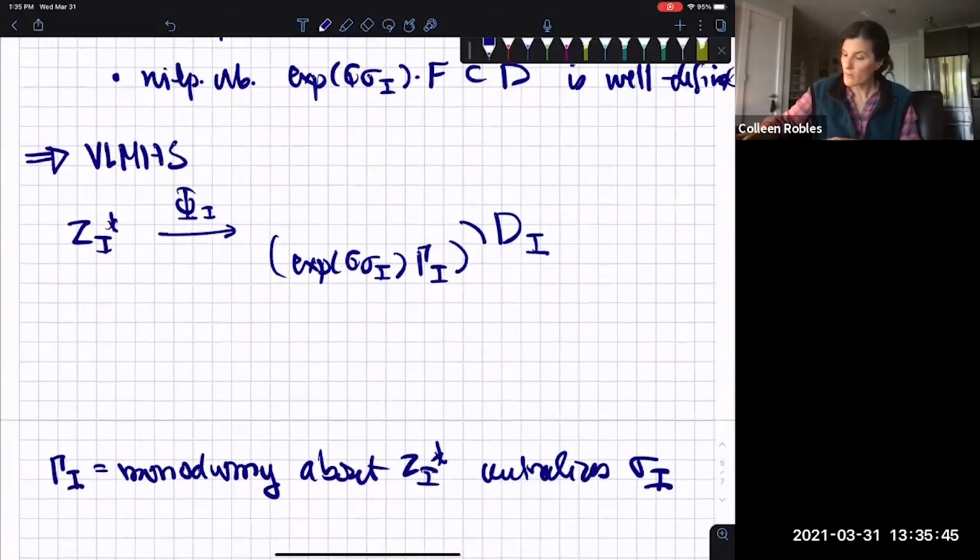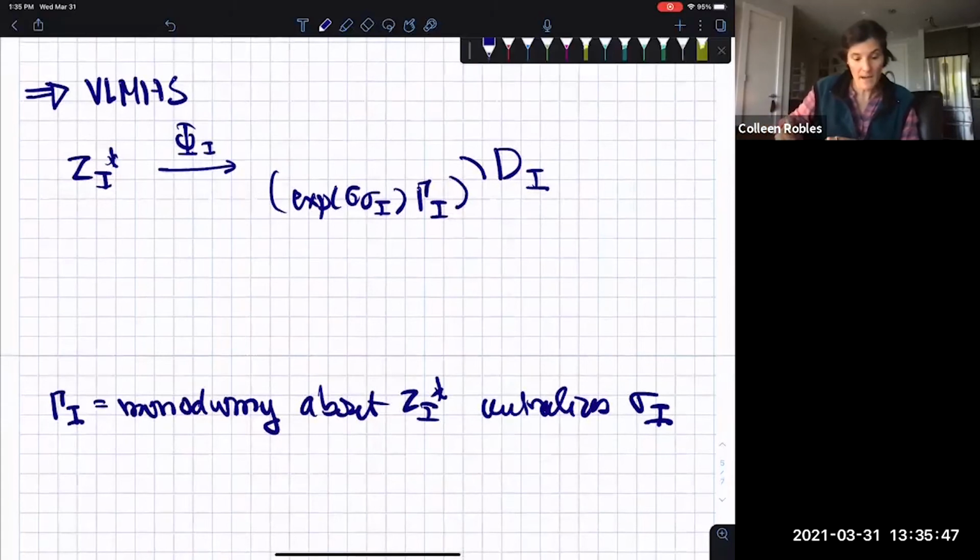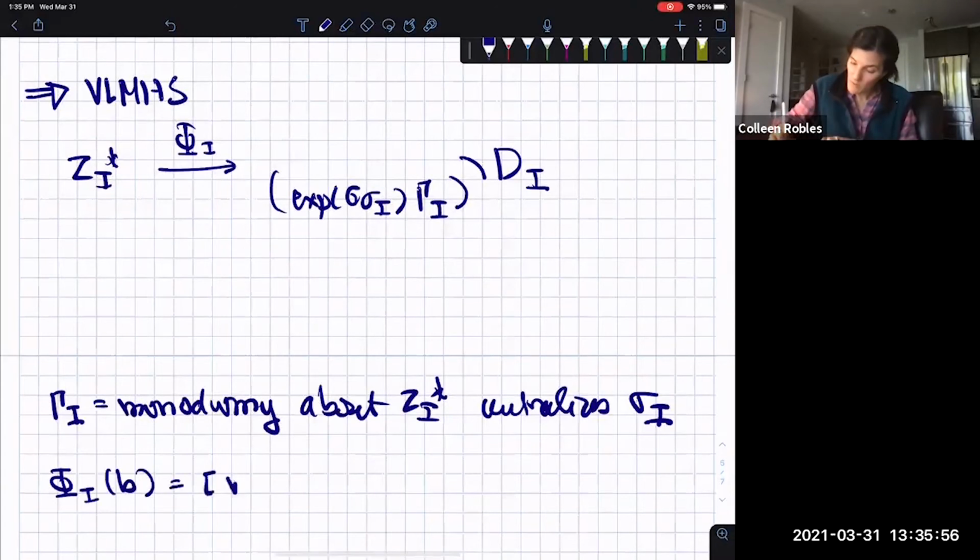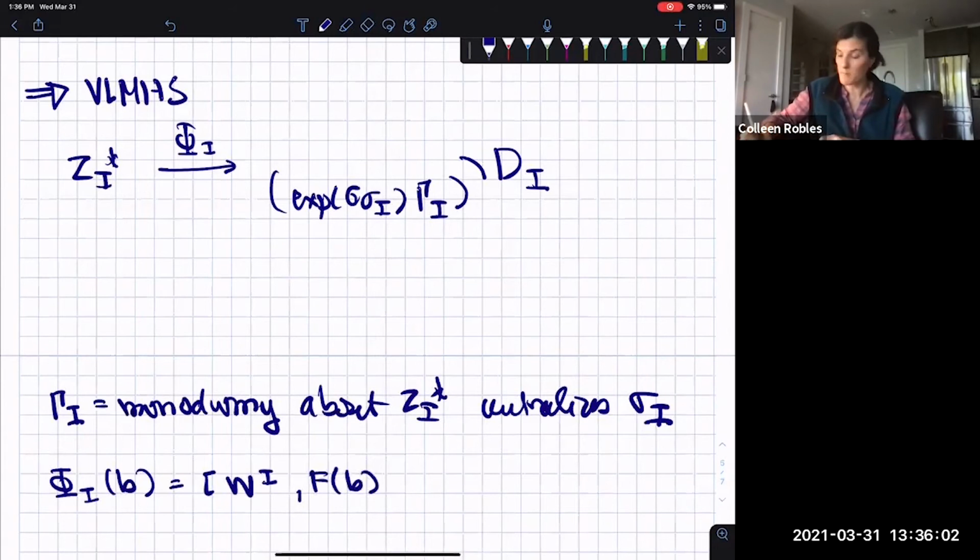Let's write this map as saying that phi I maps the point B to the equivalence class of the weight filtration, the Hodge filtration, which depends on B, and the nilpotent cone.